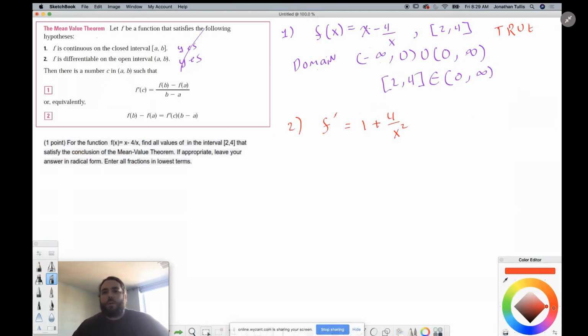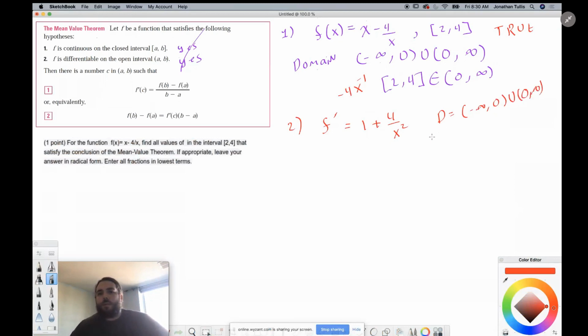If you hopefully remember derivatives, the derivative of x is 1, and then for negative 4x to the negative 1, the negative 1 comes down, becomes positive, and then the exponent is negative 2. So just in case. And we can see again the domain D is negative infinity to 0, union, 0 to infinity.